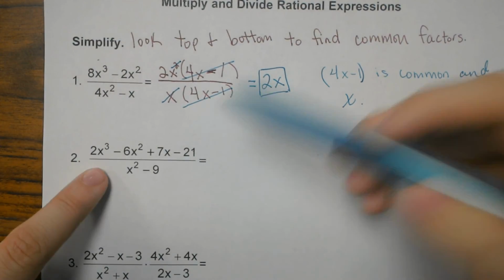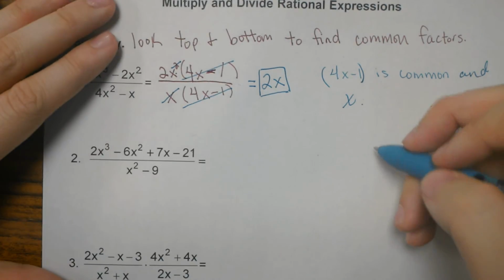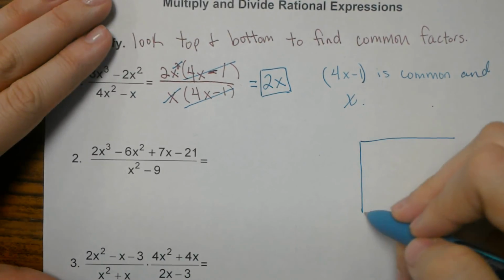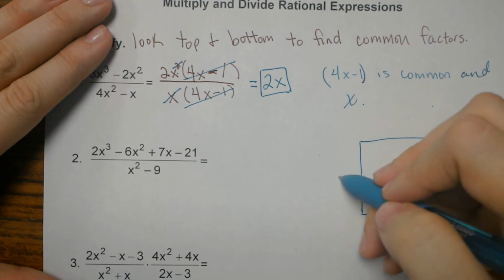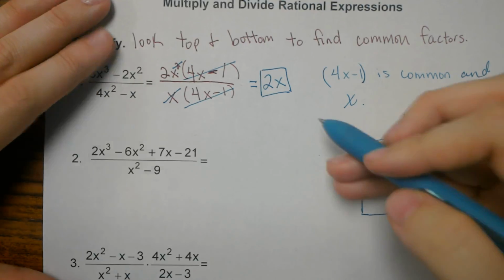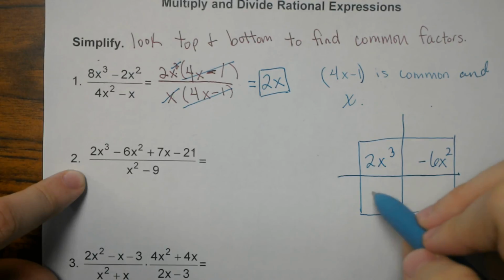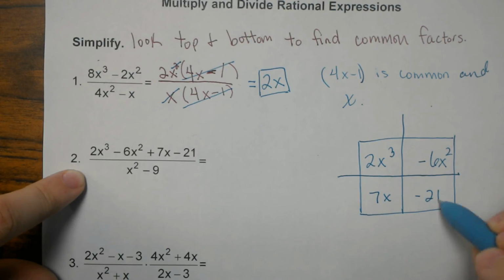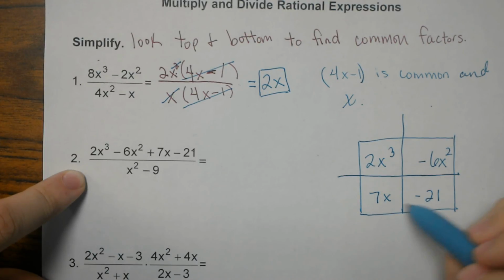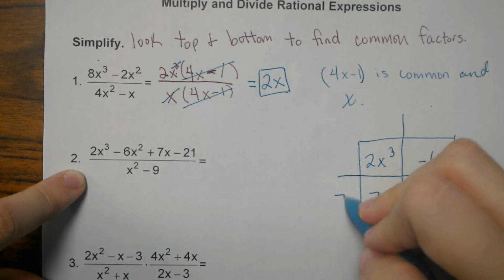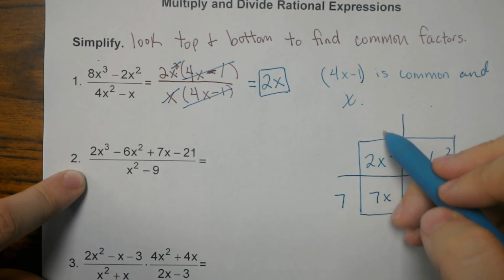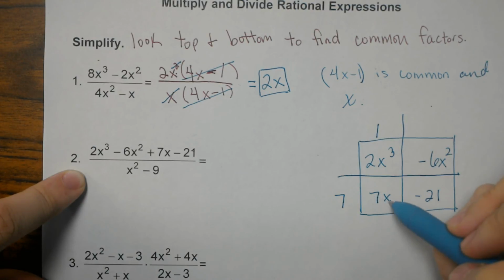And then number 2, we have 4 terms, and so I'm going to use the box. So 2x cubed minus 6x squared plus 7x minus 21. So 21 and 7 have a 7 in common. 7 times 1 gives me 7.